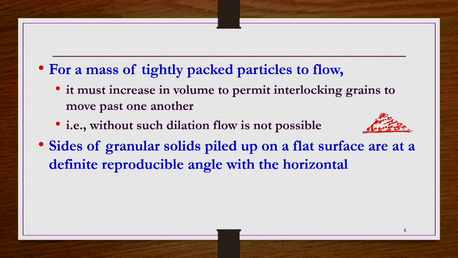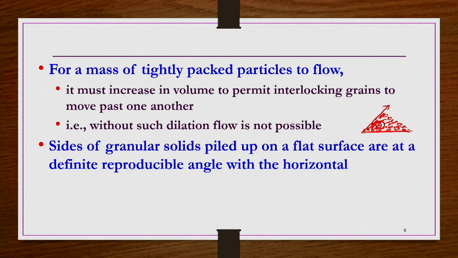These sides are always going to have a reproducible angle. Whether you take 1 kg of wheat or 100 kg of wheat, as long as the material is the same and the surface is horizontal, wherever you pour, you get this angle reproducibility. The angle is reproducible, and this angle is known as the angle of repose.